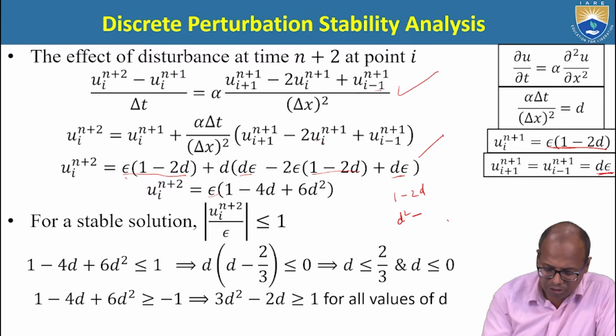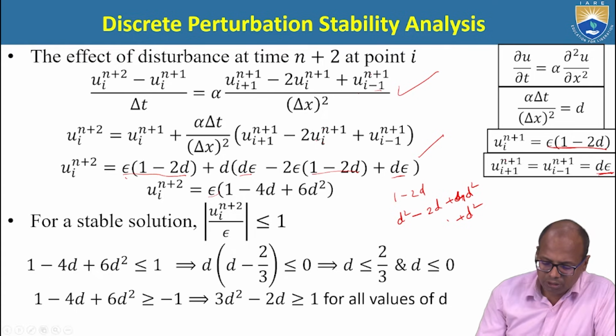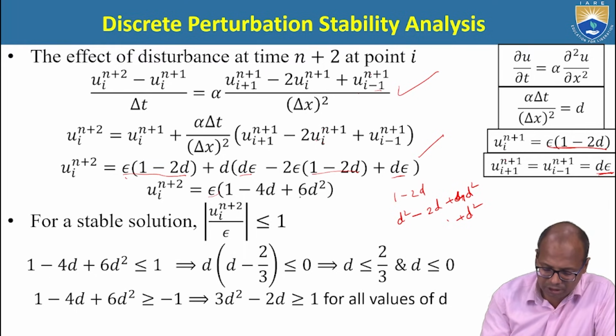Minus d into 2 into 1, so it is a minus 2d, and d into 2 into 2, 4d. So it is a plus 4d square, and again here I am having d square. So d square plus 4d square, it is 6d square, and minus 2d minus 2d is minus 4d, and 1 is there. Like this it will be simplified.